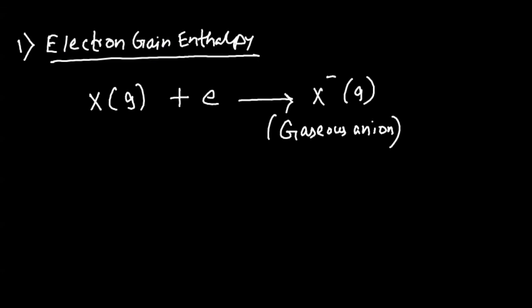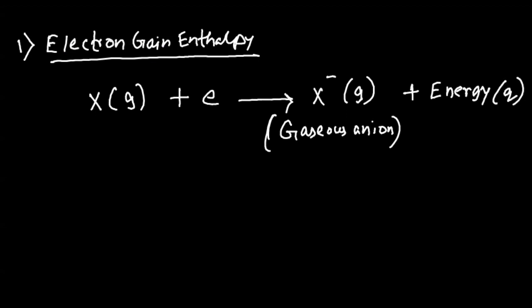Okay, and the enthalpy change that has taken place during the conversion of this gaseous atom into a gaseous anion, that enthalpy change or energy change is defined as the electron gain enthalpy, or we can say electron affinity.